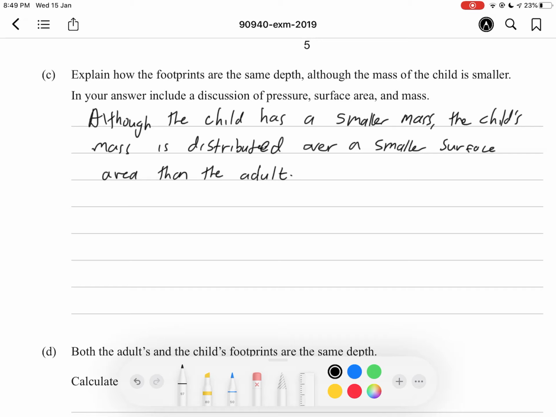Although the child has a smaller mass, the child's mass is distributed over a smaller surface area than the adult.